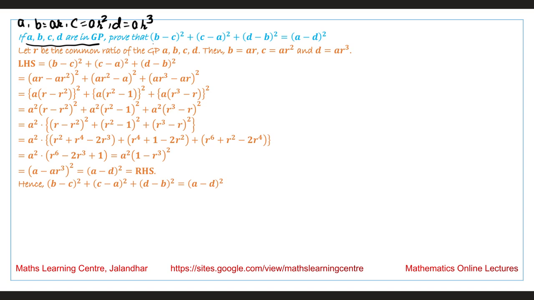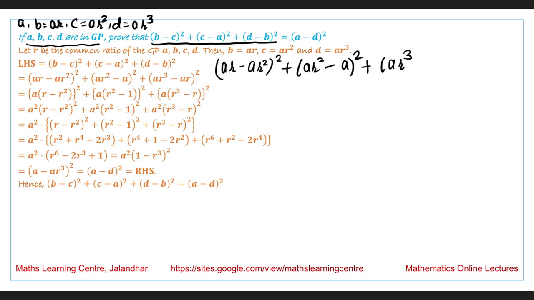Now if we substitute the values in the left hand side of this equation, we will have AR minus AR square whole square plus AR square minus A whole square plus, it is D minus B, so it is AR cube minus AR whole square.